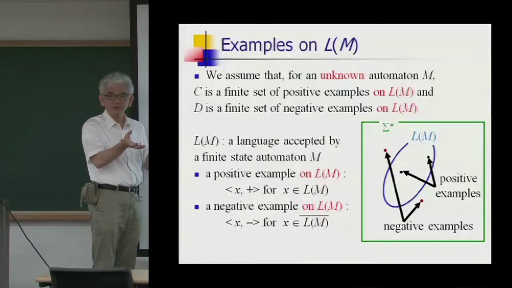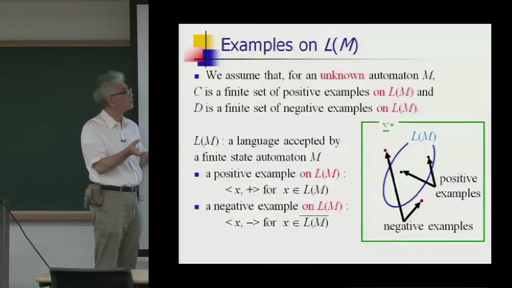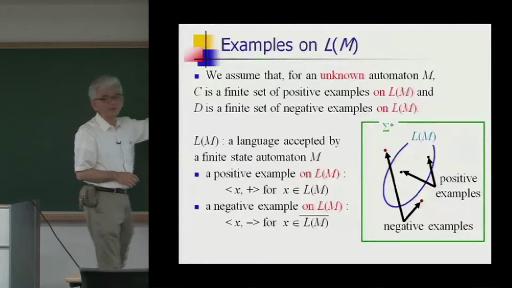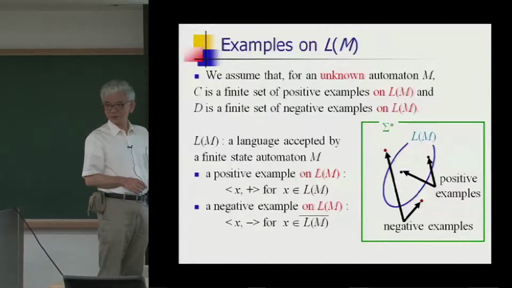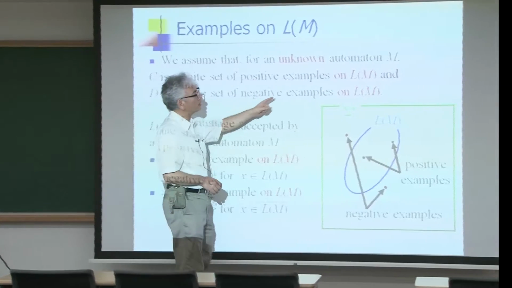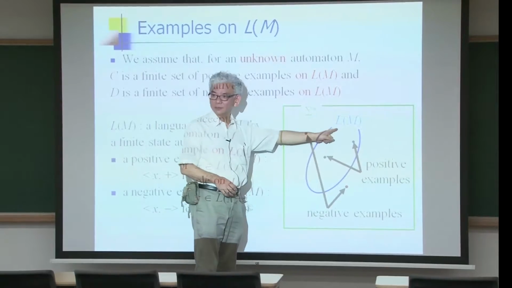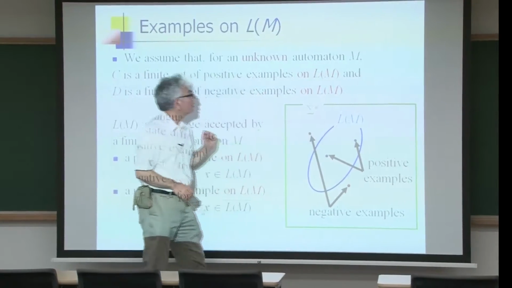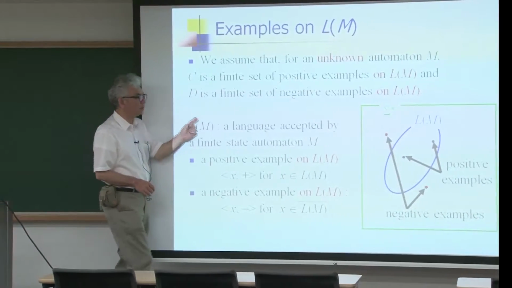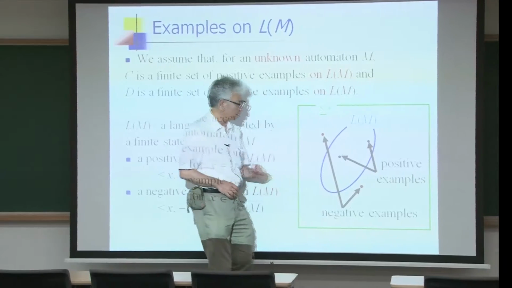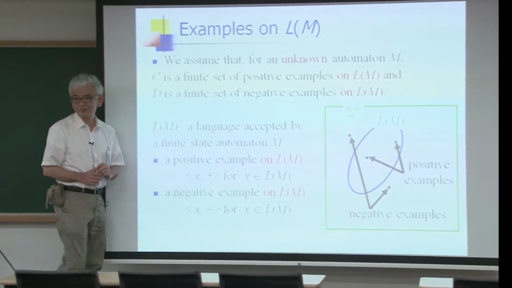Only God knows about that. All that we can observe or are provided with are positive examples and negative examples. The positive examples are elements of L of M. Again, this M is unknown. And the negative examples are from the complement of L of M.